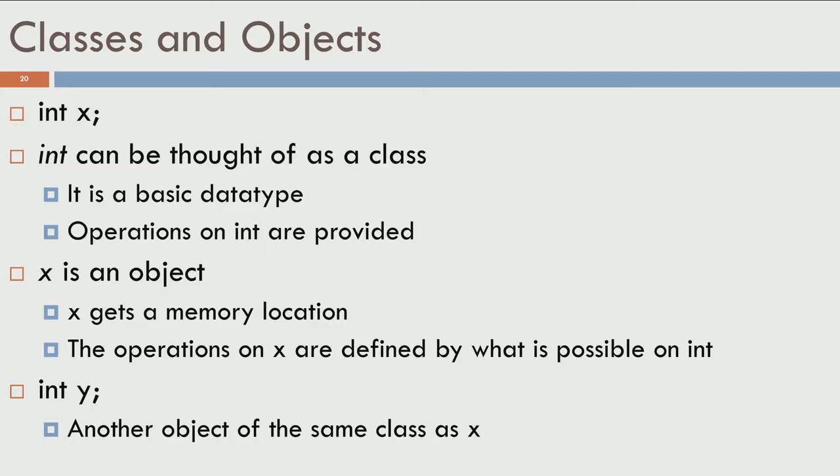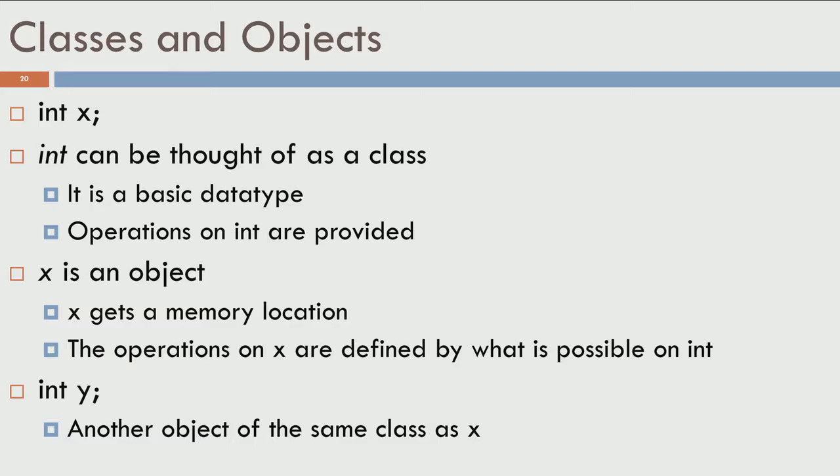Here, x is actually an object. What we mean by an object is that it is not something abstract. When I say int, I am describing only the properties that integers have and the operations. Only when I say int x do we get a location allocated to it, and on this location we can do various operations. The operations allowed on x are only those allowed on integers.